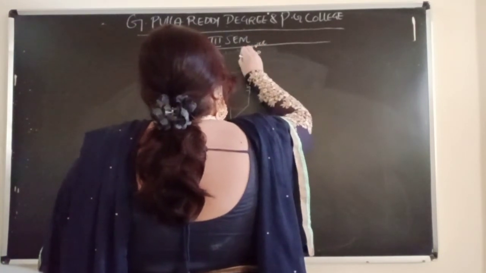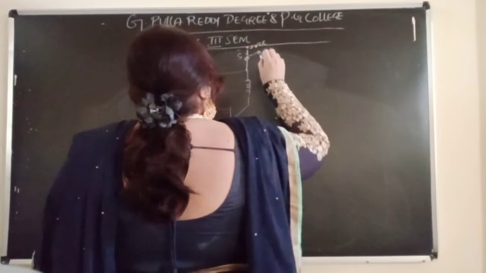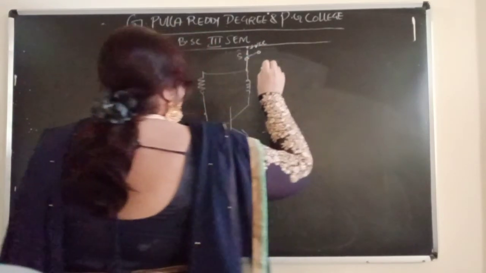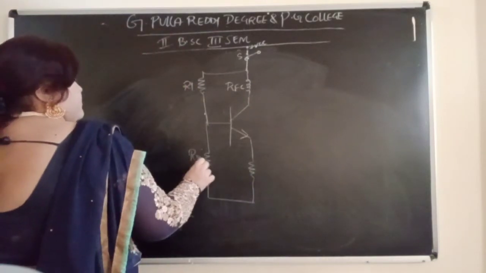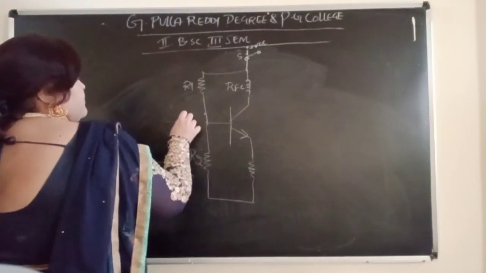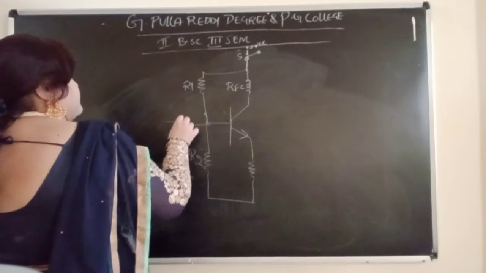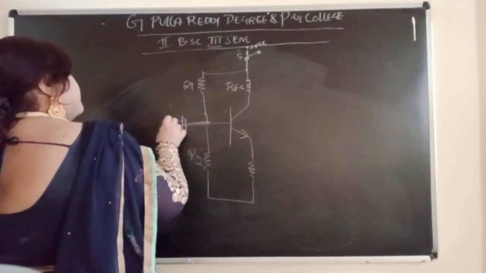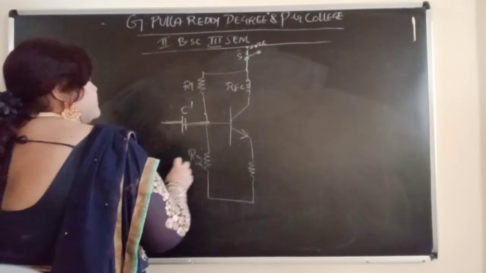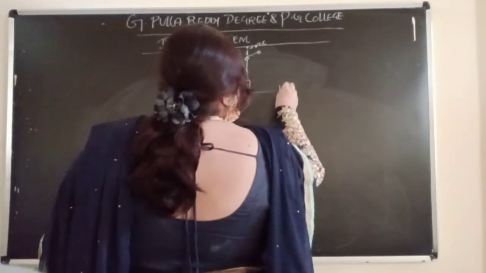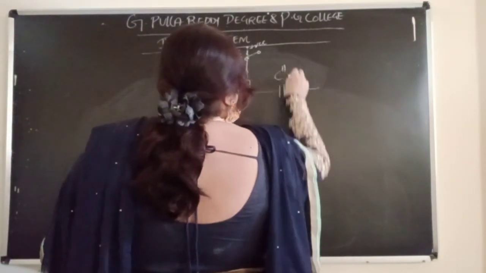plus VCC. R2, then capacitor C dash, then here capacitor C double dash.